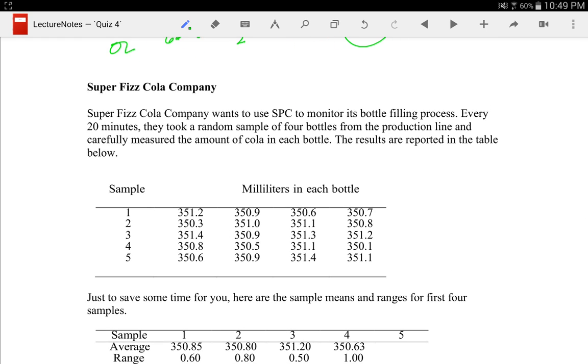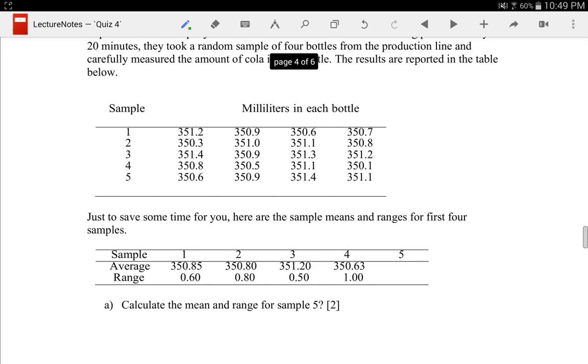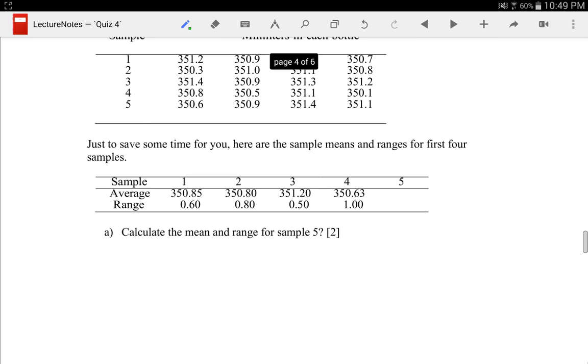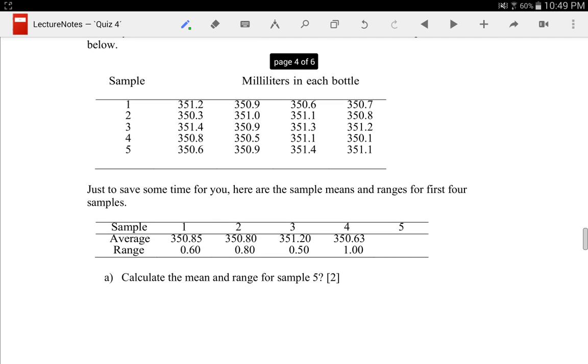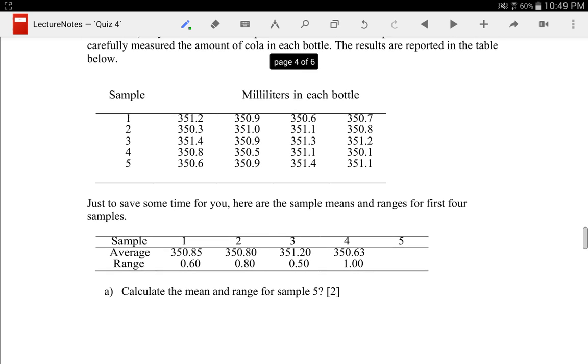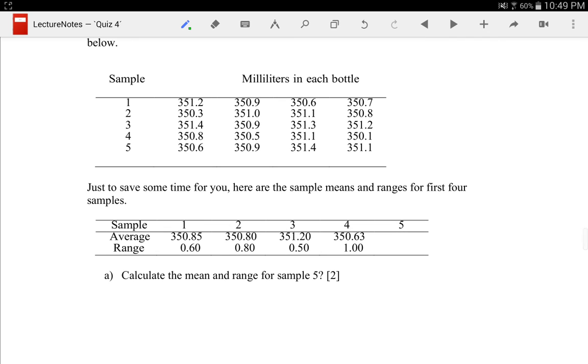Well, the next question is just routine calculation. There is not much to this calculation. The first question was, what is the average and the range for the fifth sample.